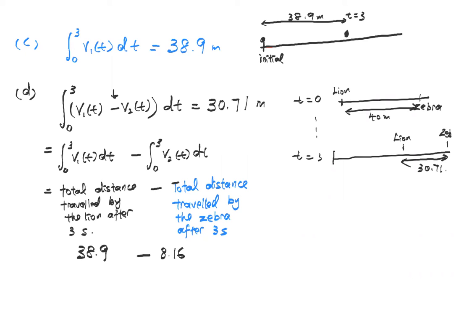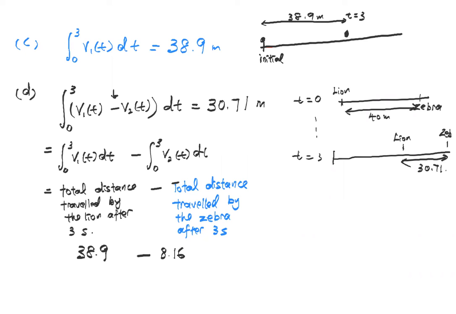Okay, yeah. By how much? Within what time limit? Within 3 seconds. Yeah. In the first 3 seconds, I can say the lion traveled 30.71 meters further than the zebra. Can I say like that?